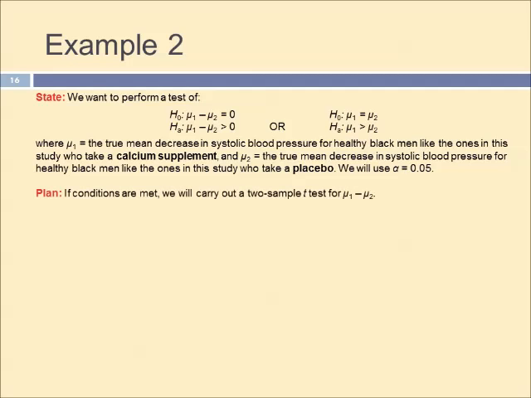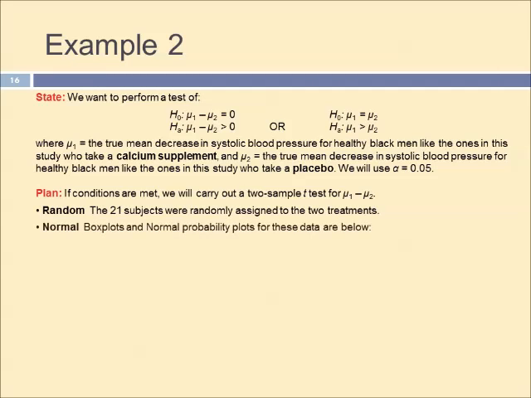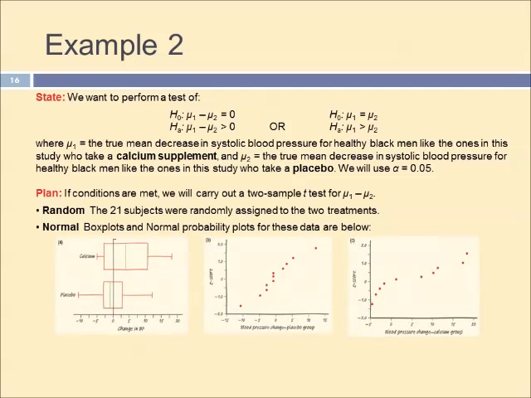So if the conditions are met, we'll carry out a two-sample t-test for the difference in population means. The 21 subjects were randomly assigned, so we have randomness. The box plots and normal probability plots for these data show the following.